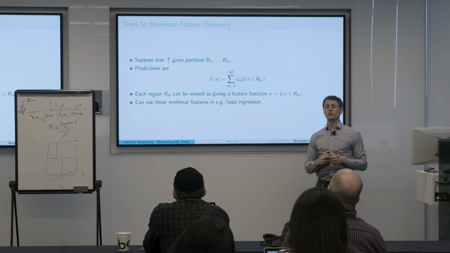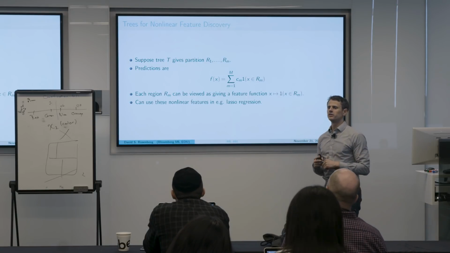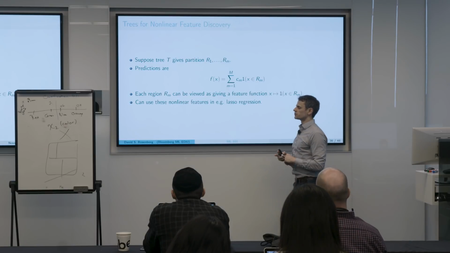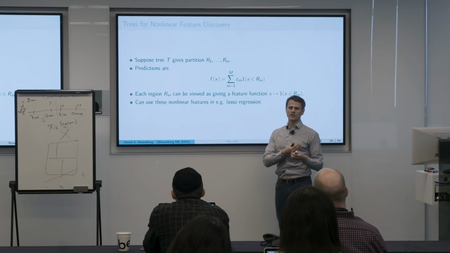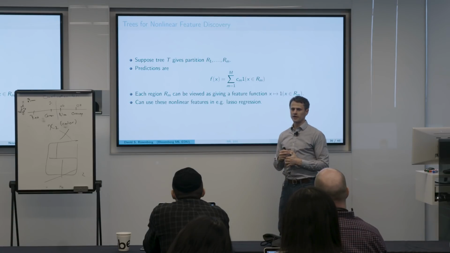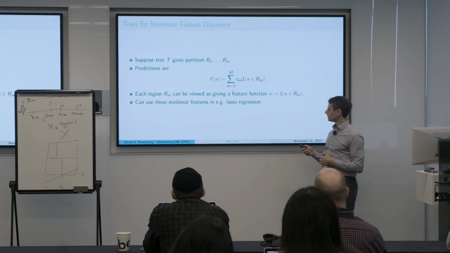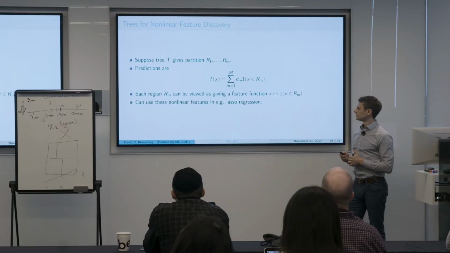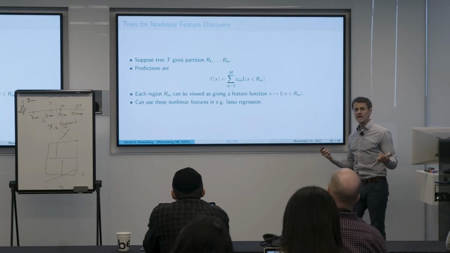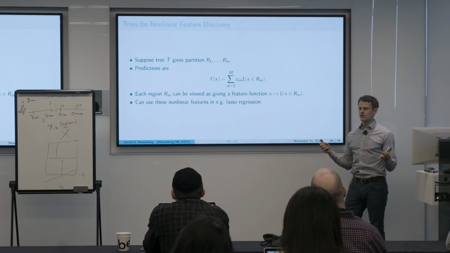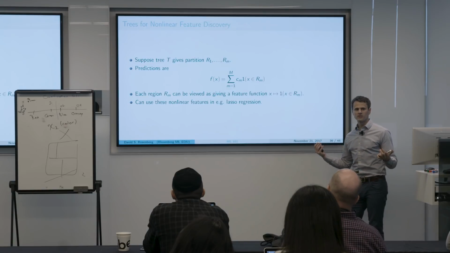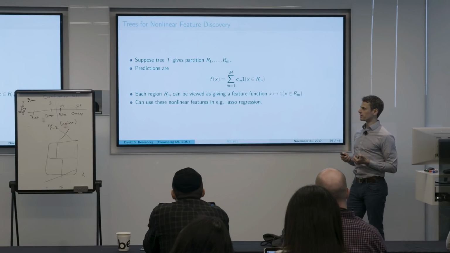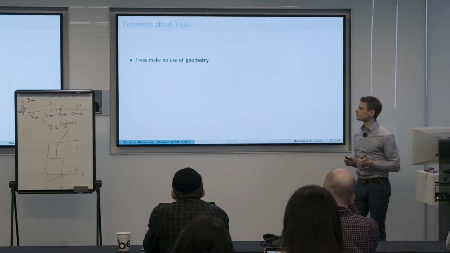And we'll see this again with neural networks, that you can look at these nonlinear methods as a way to discover features that you can then take and use in another context, like a linear method. All right. Because until now, features are always hand-engineered, right? There was never any machine learning to discover nonlinear features. So you can view this as our first way to do a little bit of automated feature discovery.